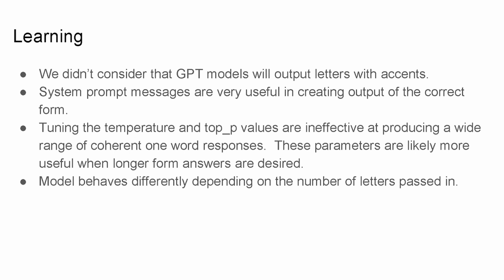Overall, we learned a few different things. Our memory step and the chain of thought prompting really improved the model. When we tried different parameters like temperature and top P, they were not as effective as you might have expected at creating a coherent one-word response. The memory step was a lot more useful.